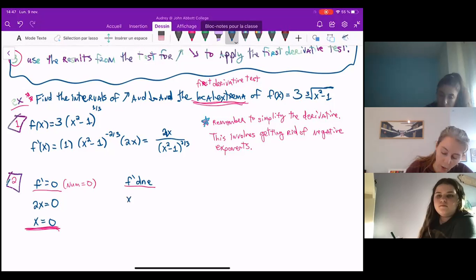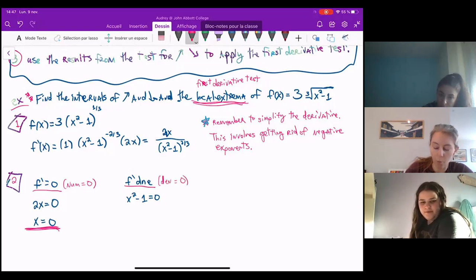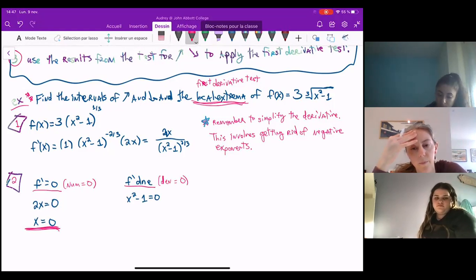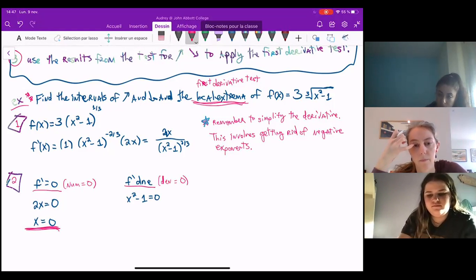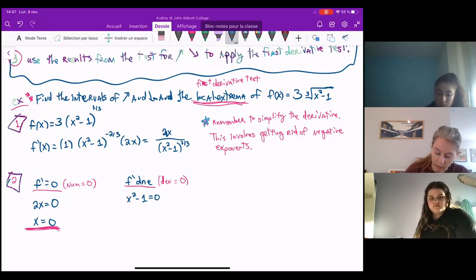But remember, we don't have to take the power with us. Here we're setting the denominator equal to 0. And what values do I get there? You got it. I get plus or minus 1. So this gives me x is equal to plus or minus 1.